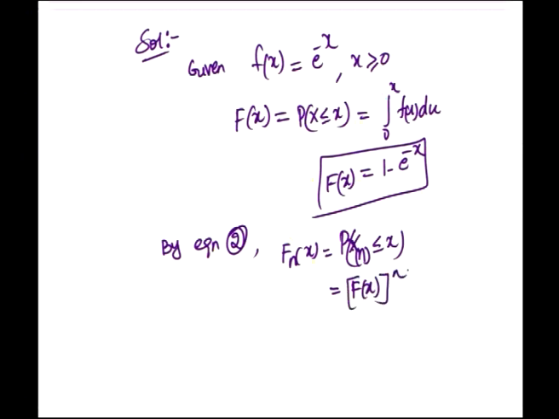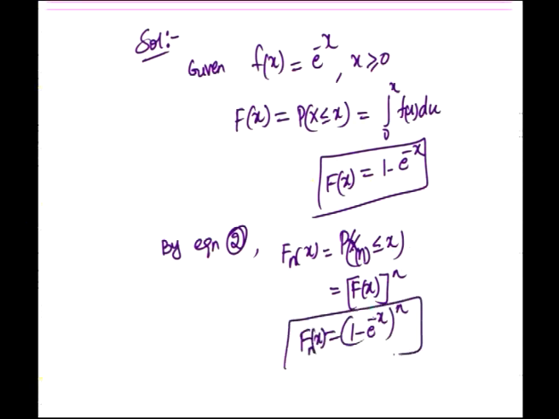This is equation 2. F of x whole power n, that is equal to, here accordingly you will have, 1 minus e power minus x whole power n. So, the first part of the problem is proved, that is the CDF of the largest order statistic for an exponential distribution is Fn of x is 1 minus e power minus x whole power n.